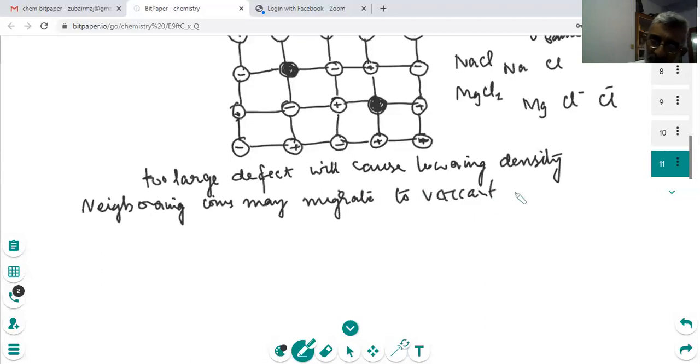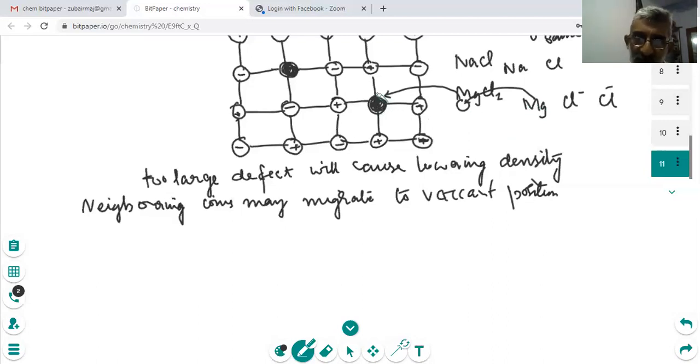The place where the neighboring ion was will become vacant. Say, for example, one atom migrates from here to here. This place becomes vacant, and another one will come from here to here, and this phenomenon gets transferred.